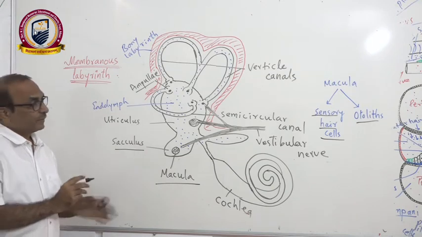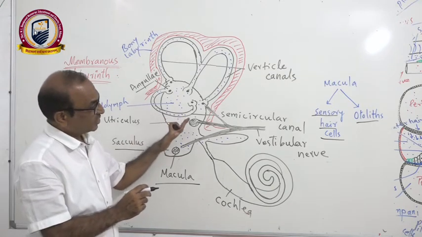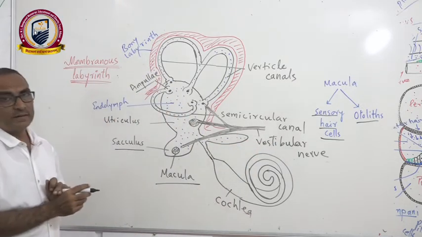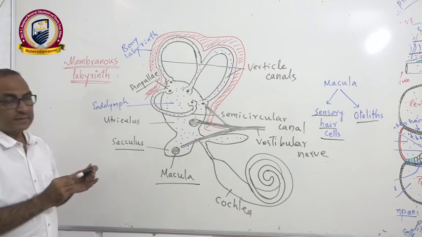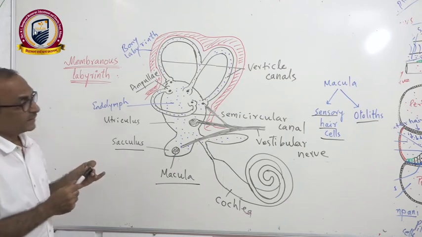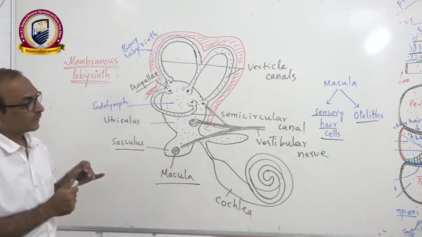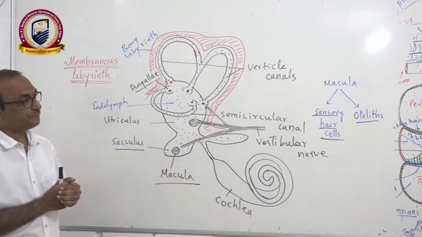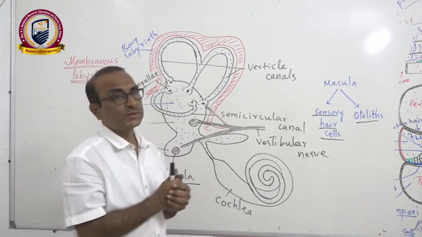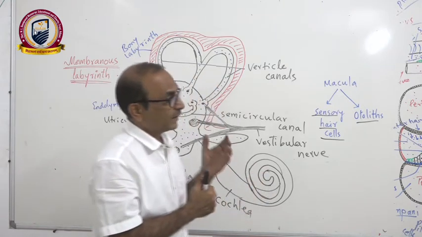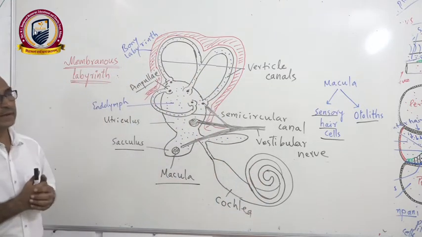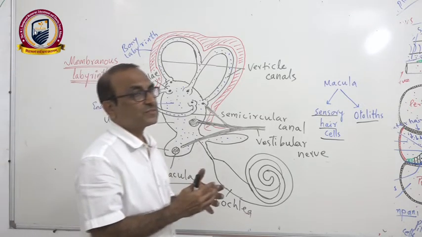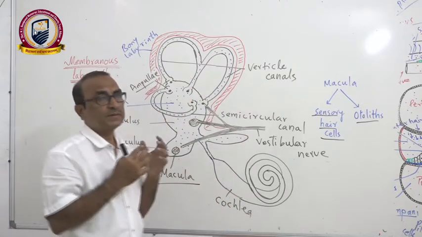So in this way, the changes which are taking place in the macula trigger the generation of signals or impulses, and these electrochemical signals generated here will be transmitted to the central nervous system. Like what we have seen, for hearing also there is a center in our brain, and we are able to hear the sound and recognize the sound through the brain's hearing center.